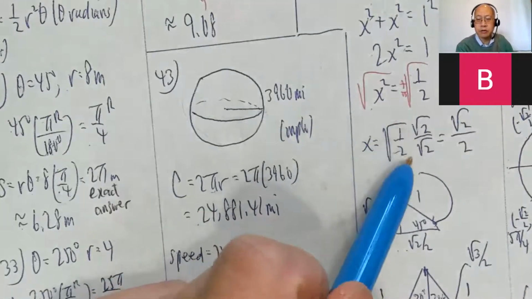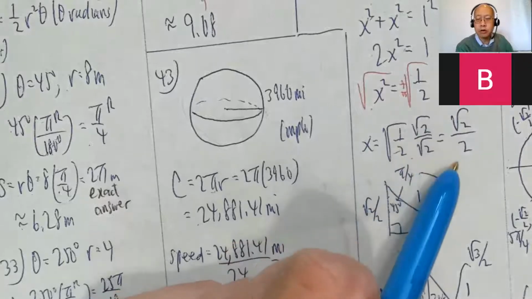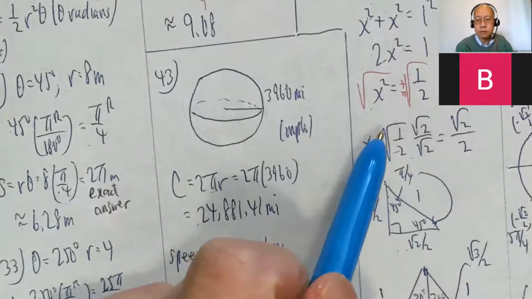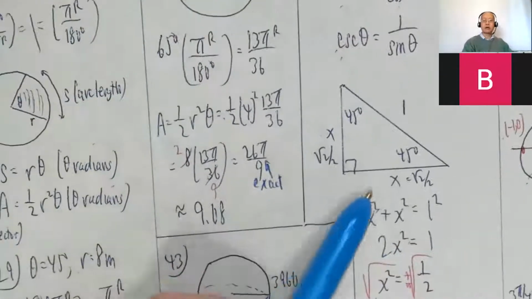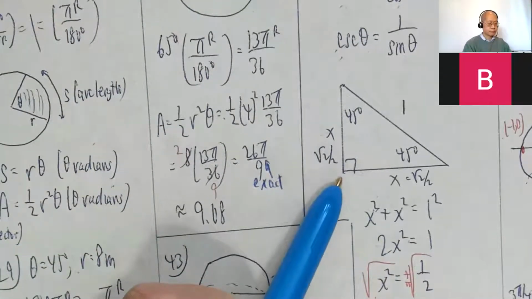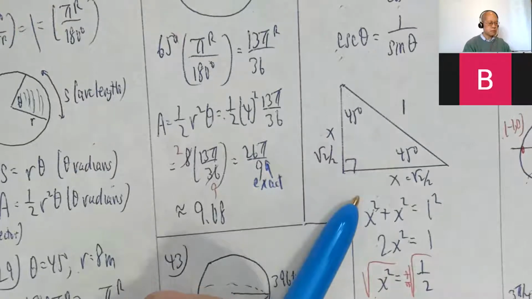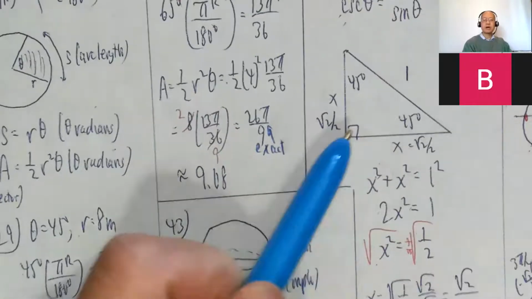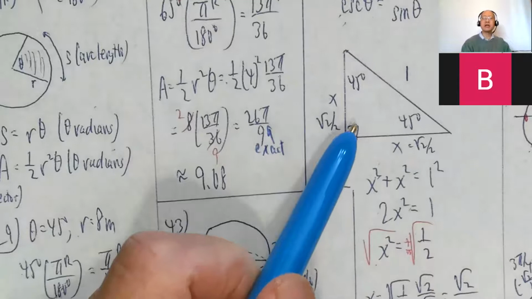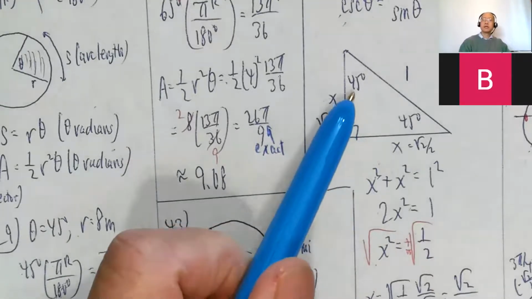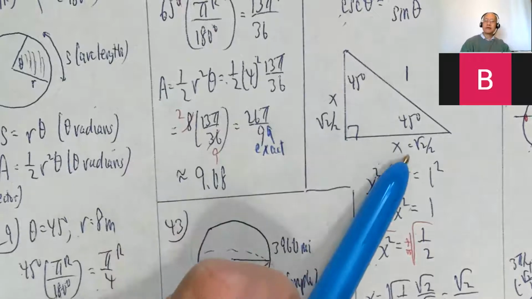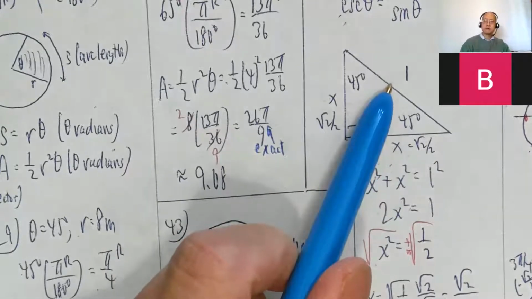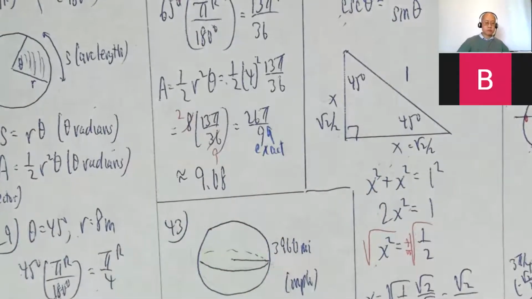Multiply top and bottom by radical 2 over 2. Okay, so each of these is radical 2 over 2. What that means, among other things, is if I take the sine of 45 degrees, sine is opposite over hypotenuse. It's radical 2 over 2 divided by 1. Well, that's just radical 2 over 2.